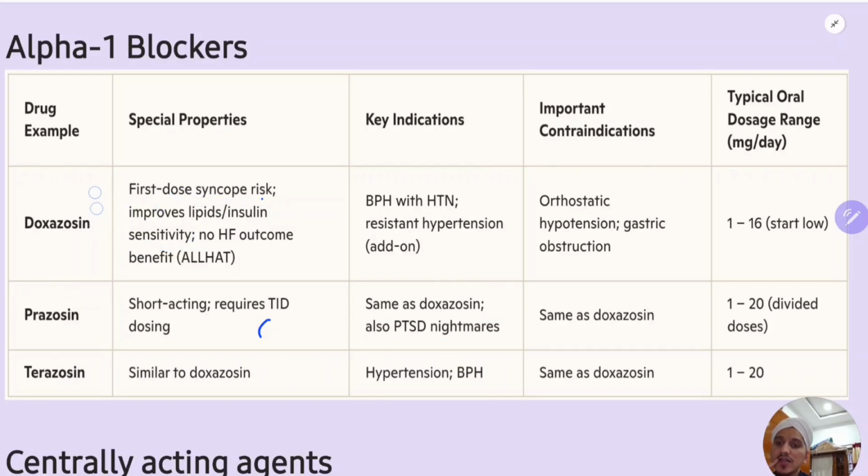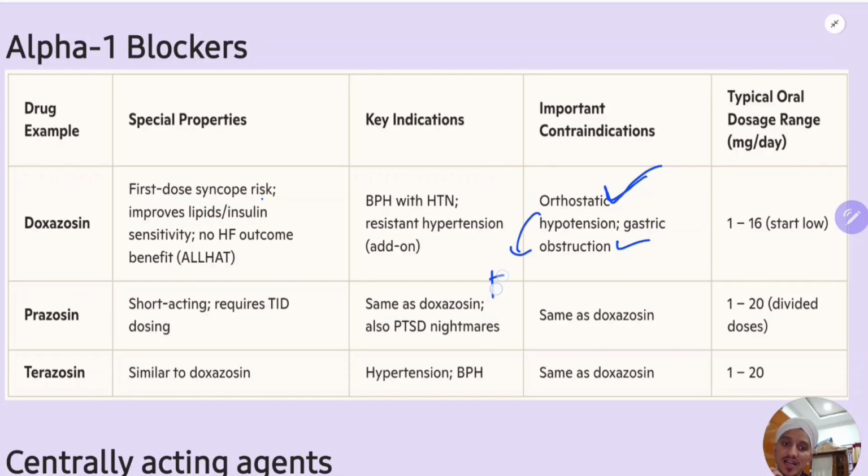Let's see the important contraindications. So orthostatic hypotension is the most common contraindication of alpha-1 blockers. Gastric obstruction, this is also an important contraindication. A patient who is having orthostatic hypotension, you should not prescribe doxazosin because they cause vasodilation, they will aggravate the orthostatic hypotension.